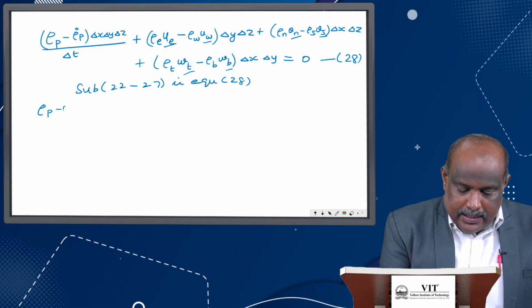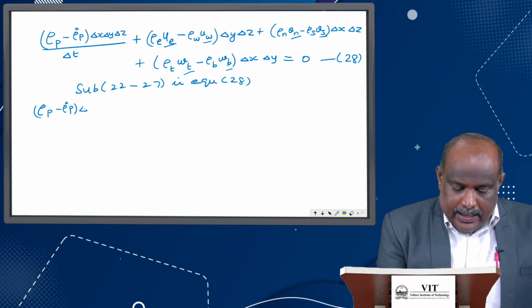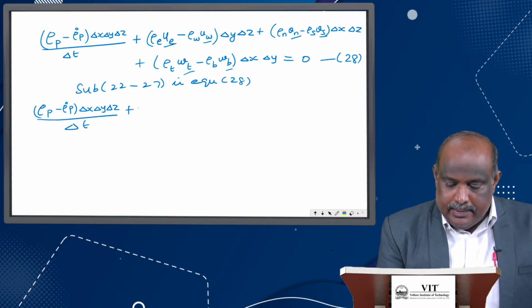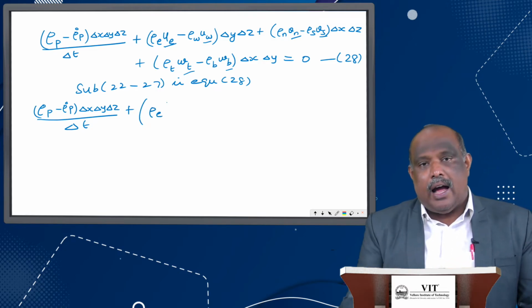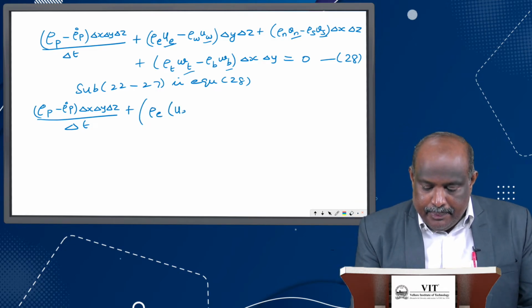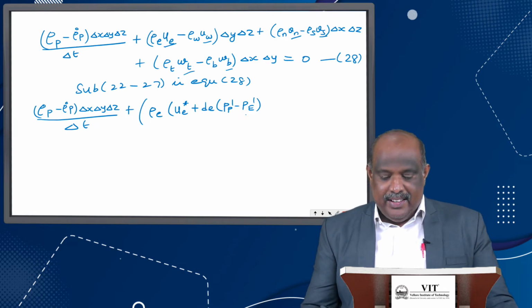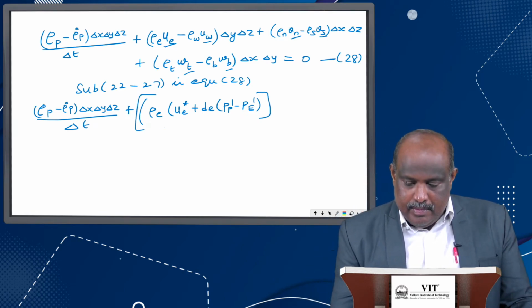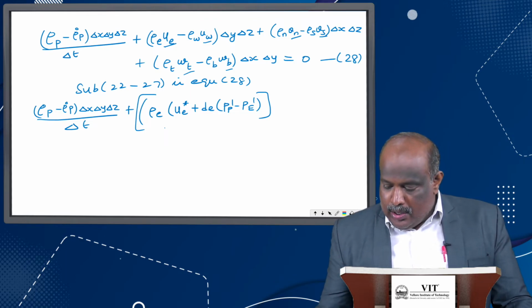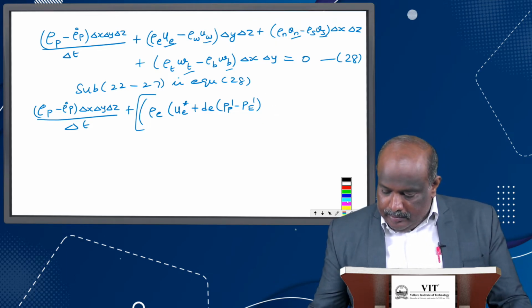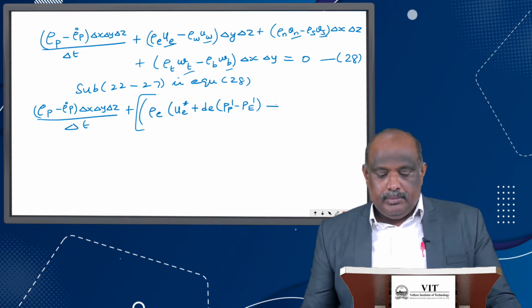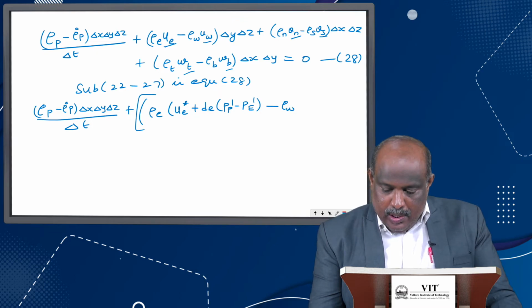Rho p minus rho naught p of del x, del y, del z by del t, plus rho e. What is UE? I get it from there. UE is nothing but UE star plus dE of PP prime minus PE prime, of del y del z, minus rho w UW.